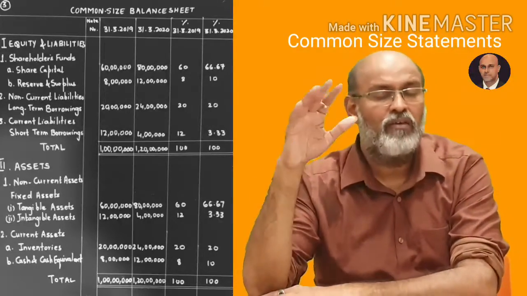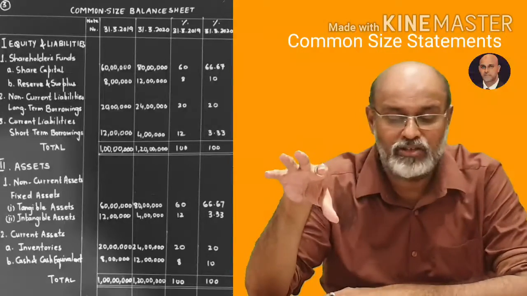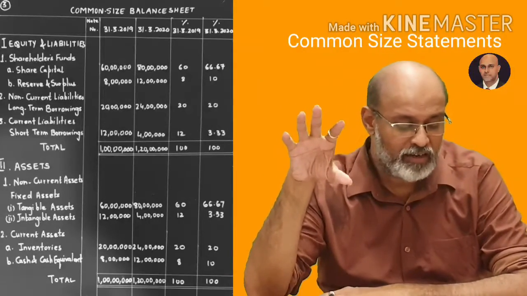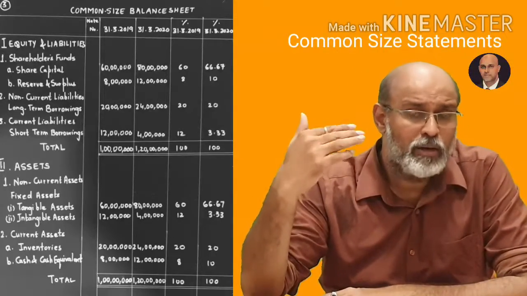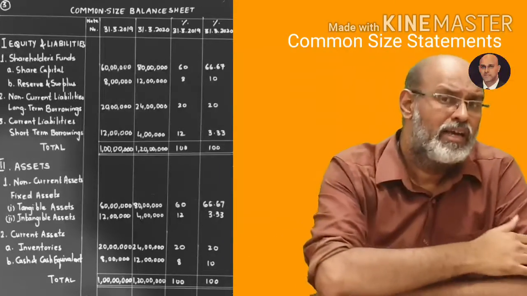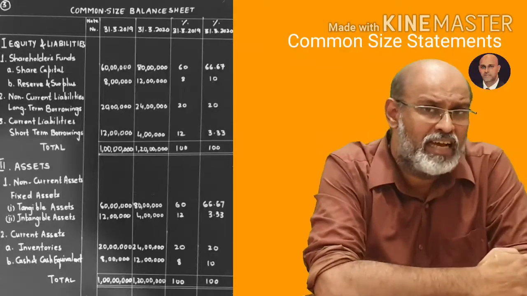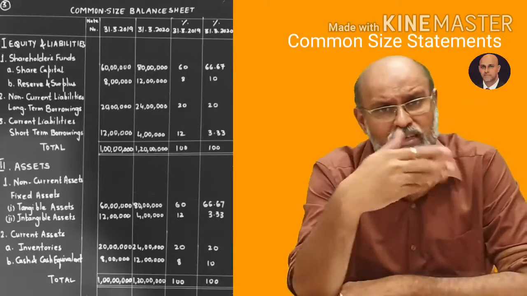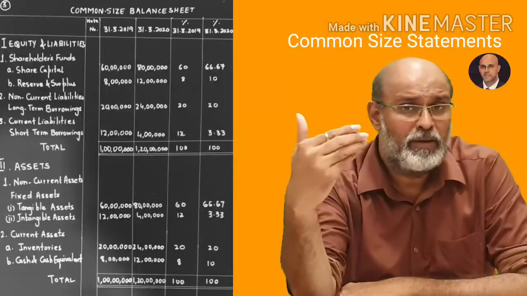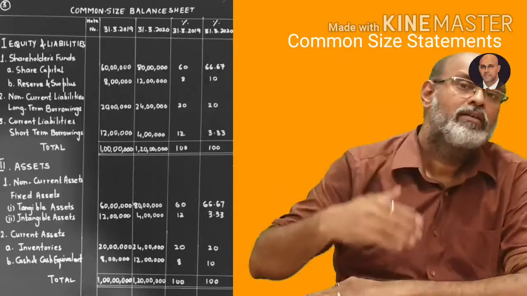Okay, so this is how you find out your comparative balance sheet, where we are trying to compare the percentages in relation to the balance sheet, and then analyze and find out different strategies in which the company can be forged ahead.